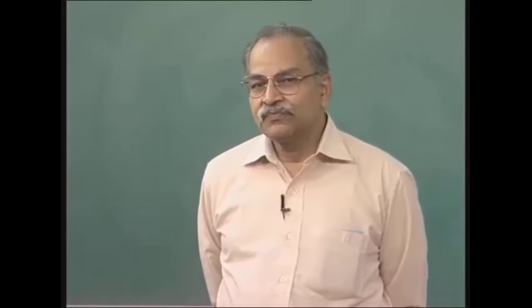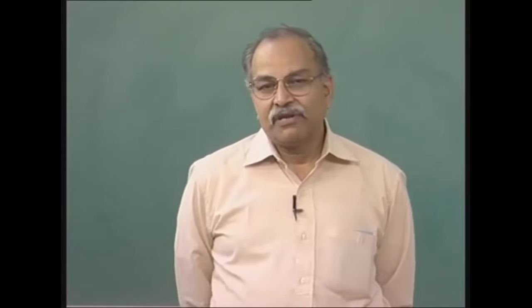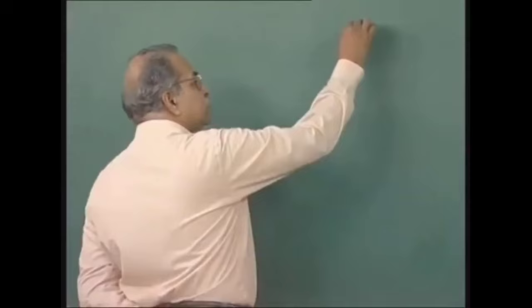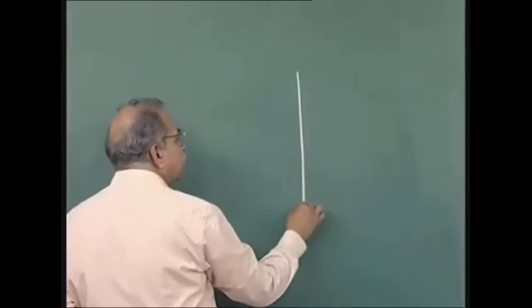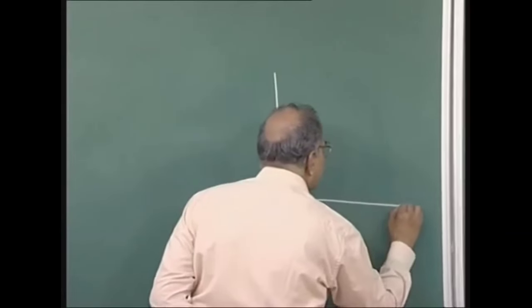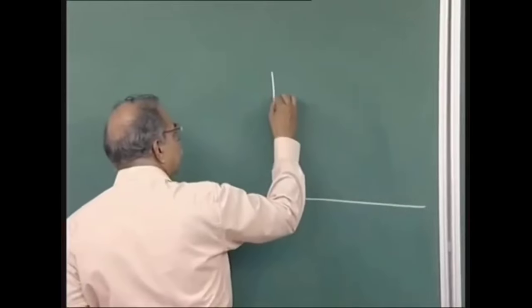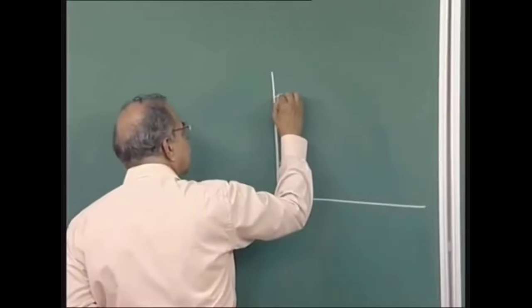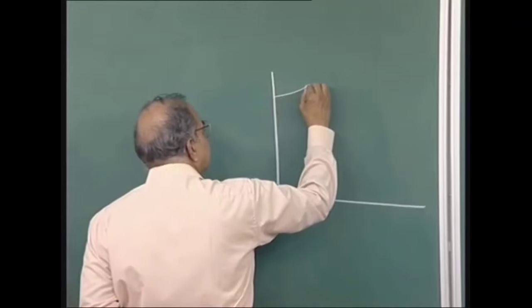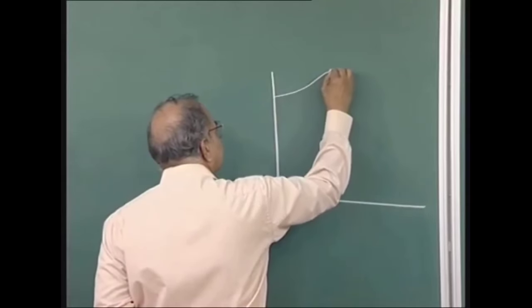All nuclei with mass number greater than 100 or so energetically favor splitting into roughly equal parts, but the potential energy barrier that is there stops many of them from fissioning. So, that barrier, or the potential energy curve, is something of this sort.